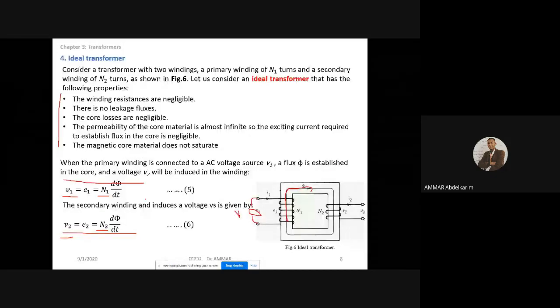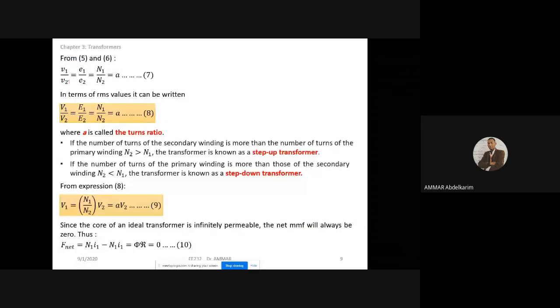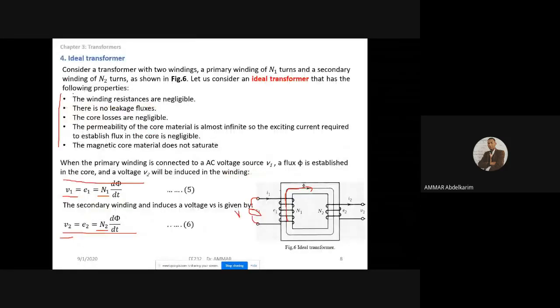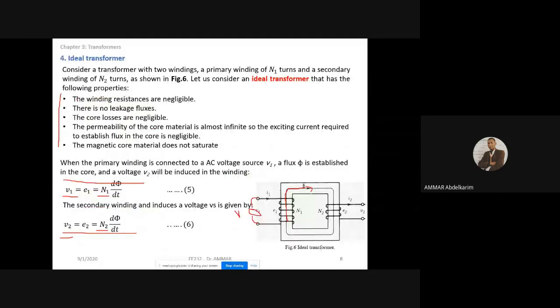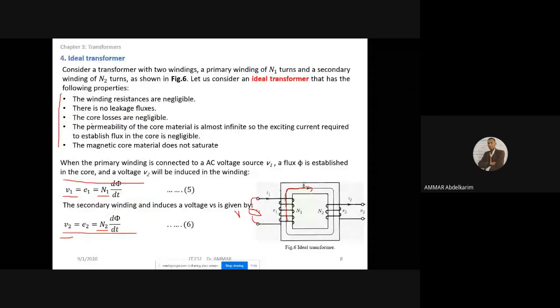So from 5 and 6, we can write this expression, if we divide those expressions part by part.